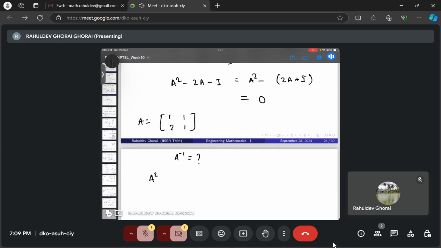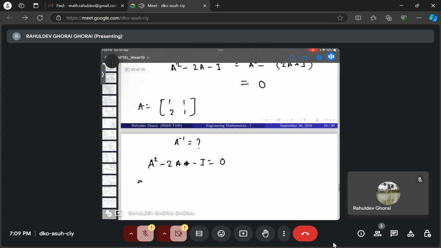A squared minus 2A minus identity equals the zero matrix, right? That implies if you multiply by A inverse, A inverse times (A squared minus 2A minus I) will be A inverse times the zero matrix.